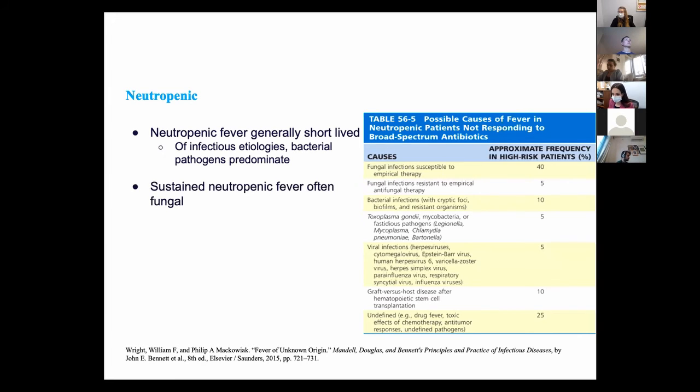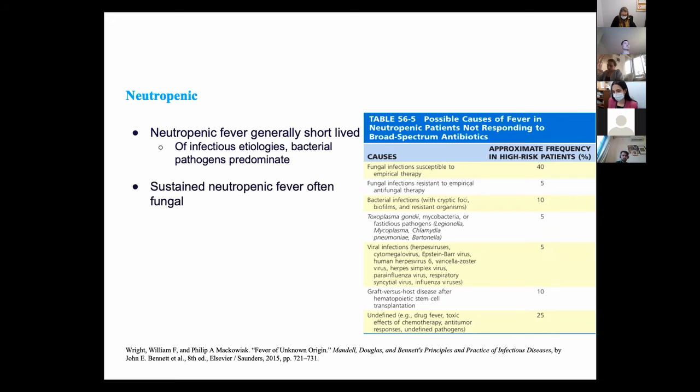So if you have a neutropenic patient who's not responding to antibiotics, fungal infections predominate in about 40%. You also see a bacterial infection with a source that hasn't been identified, like an intra-abdominal abscess, or a catheter device-related infection, which are probably the next most common.